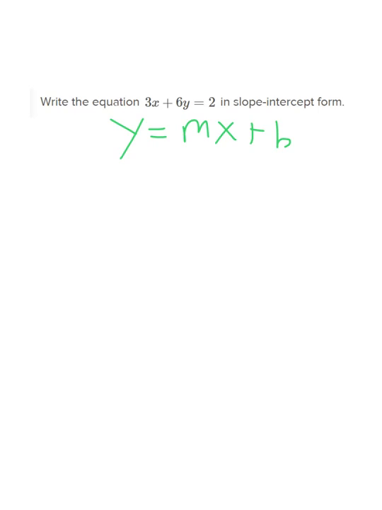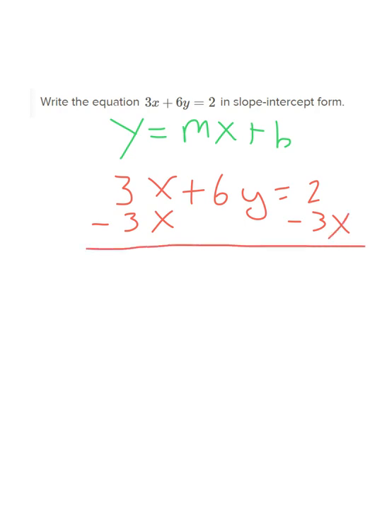So let's take this equation, 3x plus 6y equals 2. The first thing I'm going to do is subtract 3x from both sides. So it's going to look a little weird. What I get here is 3x minus 3x, and that much is going to be 0.